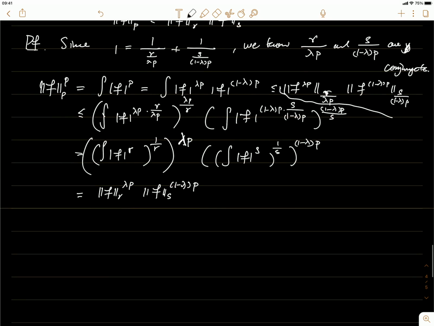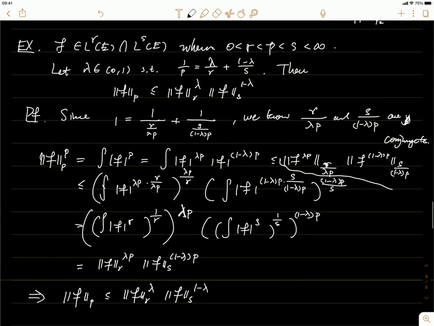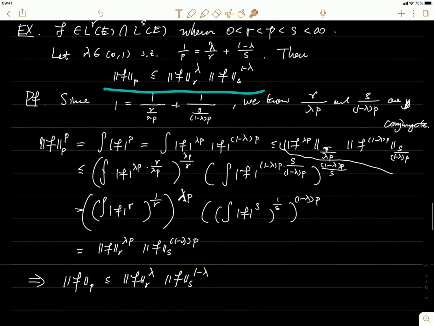Now remember that both sides have this p, so I can take the p-th root. I will get the p norm of f will be less than or equal to the r norm to the power lambda, f's s norm to the power 1 minus lambda, and that is the inequality we wanted.